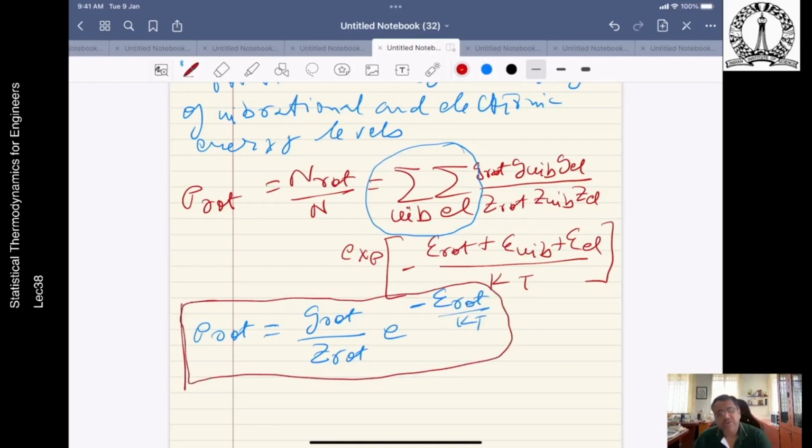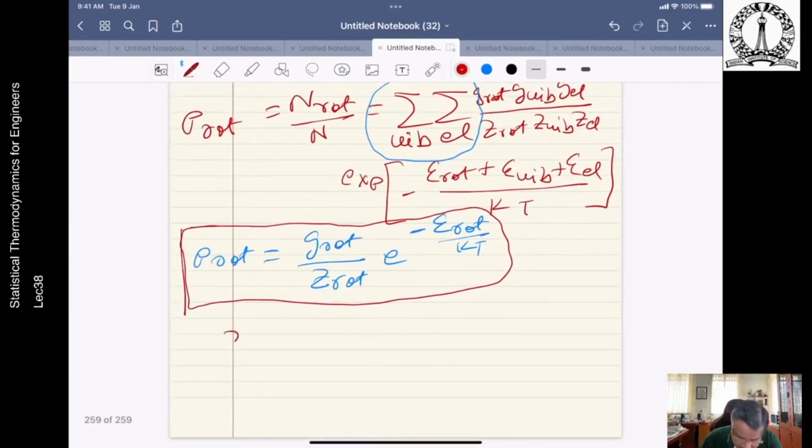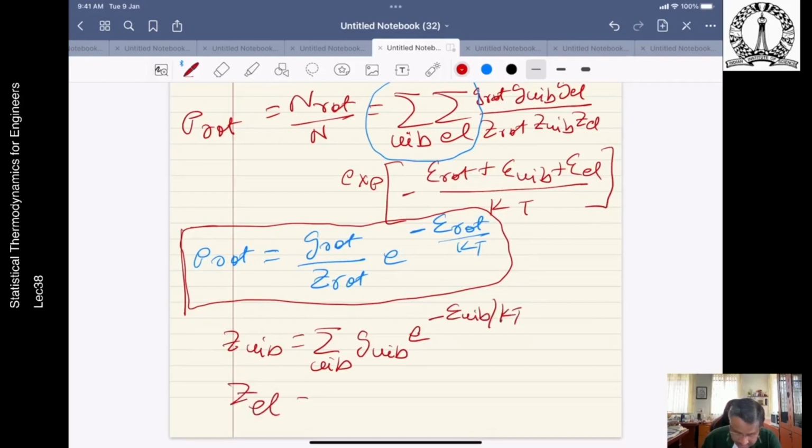Z vib is the summation over all the vibrational energy levels, and Z electronic is the summation over all the electronic energy levels.